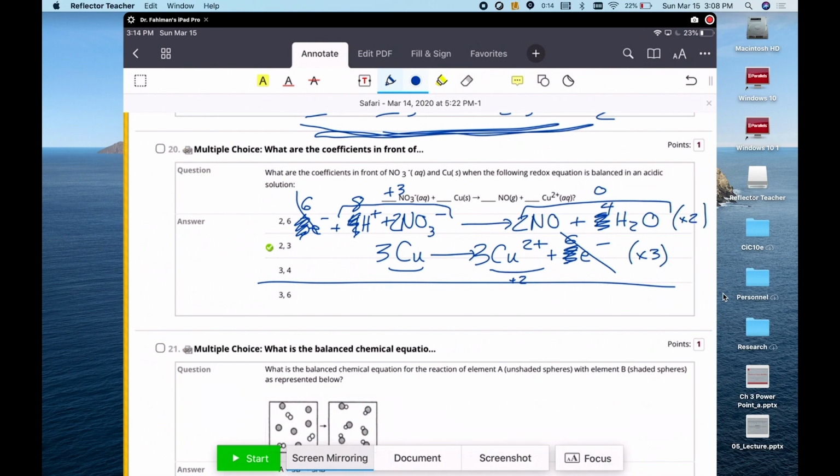And so what we end up with is 8 H pluses plus 2 nitrates plus 3 coppers goes to 2 NO plus 4 waters plus 3 copper 2 pluses.